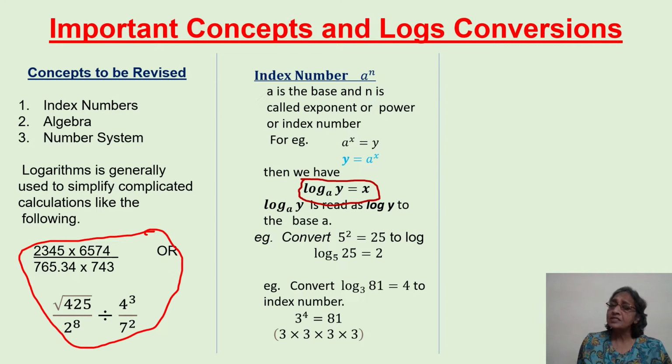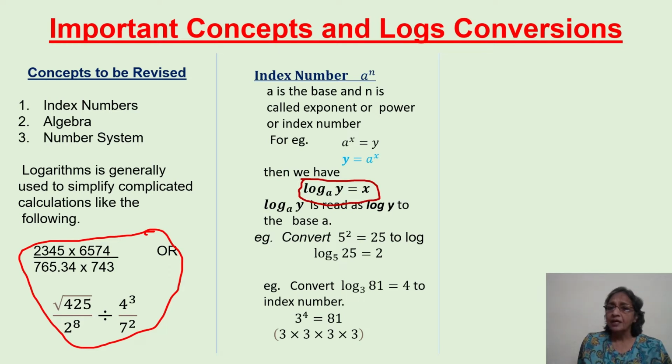And it is read as log y to the base a. Now, this is converting an index number to a log, but you can have vice versa. So if I need to convert a log to an index number, which I have taken in my second example, log of 81 to the base 3 is equal to 4. So do away with the log.